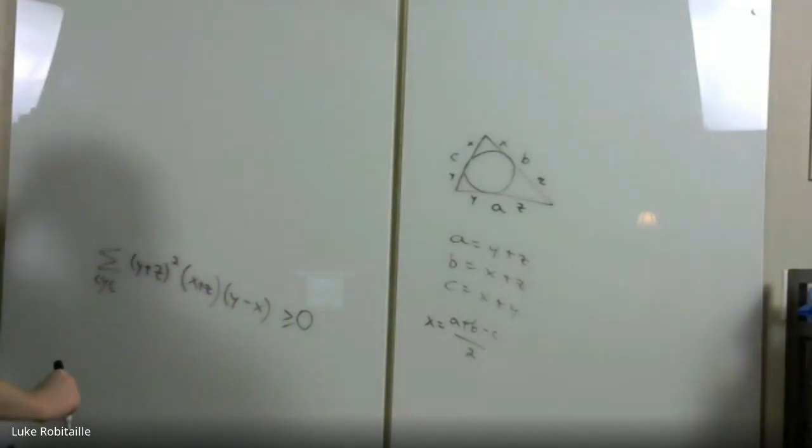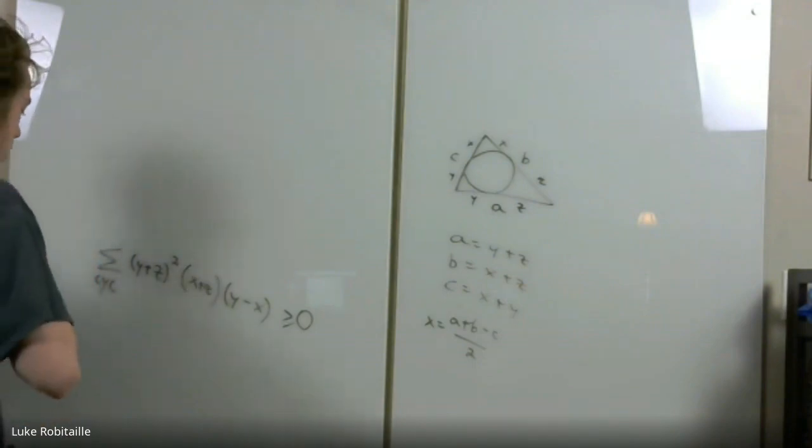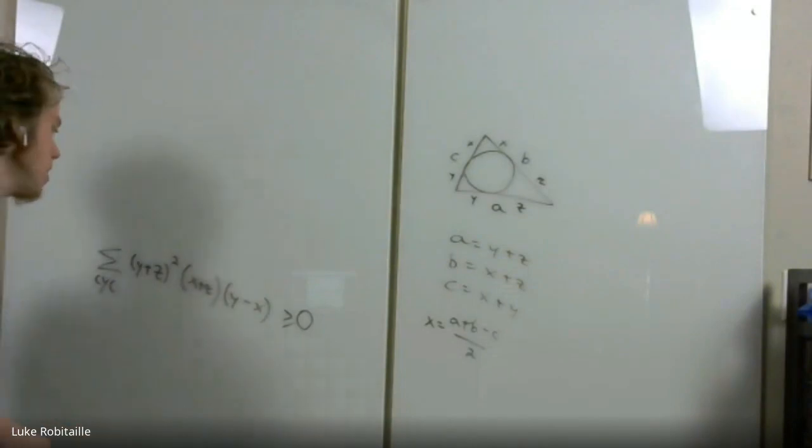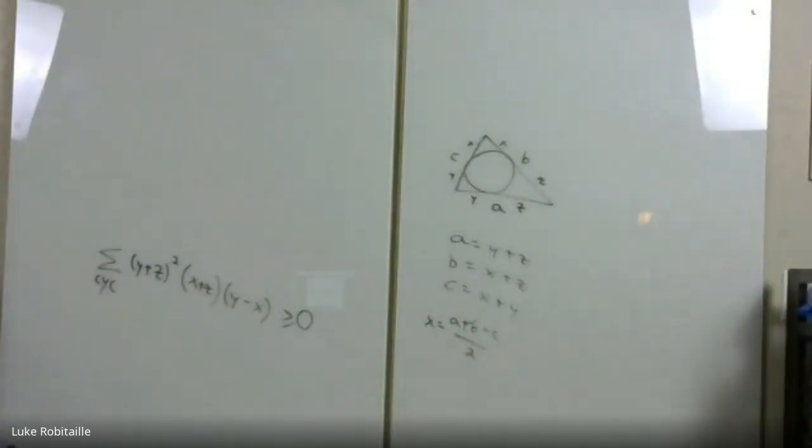Well, since we are running low on time and there's no real idea involved in expanding the cyclic sum, I'm just going to ask Wolfram Alpha. Obviously, do not do this in a real contest, but you all know how to multiply polynomials and add them.